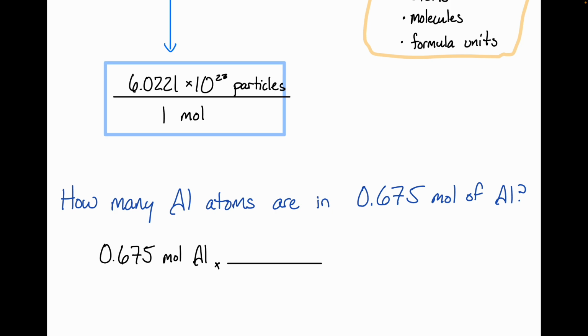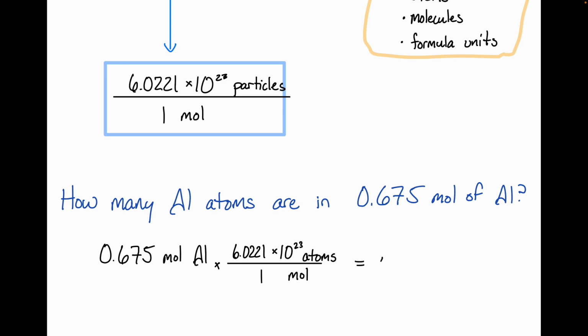I'm going to start with my given quantity here. I'm going to use my Avogadro's number conversion factor. Am I going to use it as is, or am I going to have to flip it? I want moles on the bottom, right? So I want to use it just as is with the 6.0221 times 10 to the 23. Again, we can be more specific. We're talking about atoms here for this particular problem.